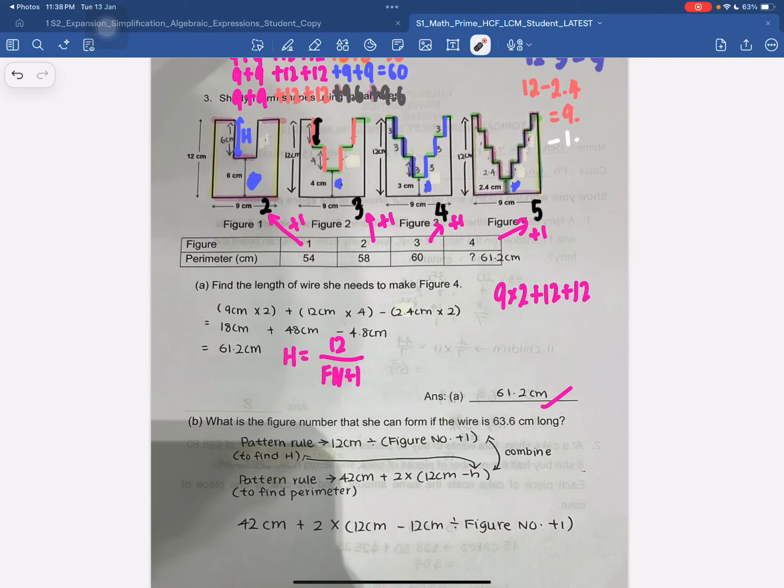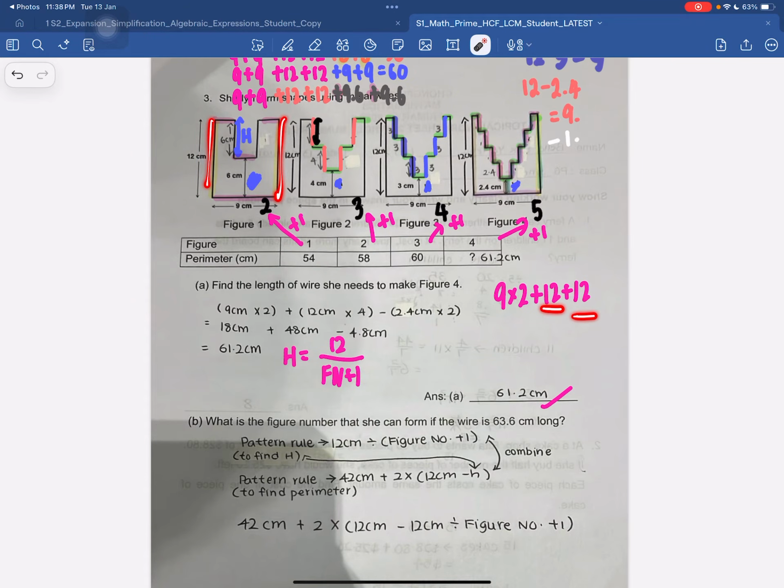To get the perimeter, I am going to take 12 first. This 12 I already settled, this one I already settled.